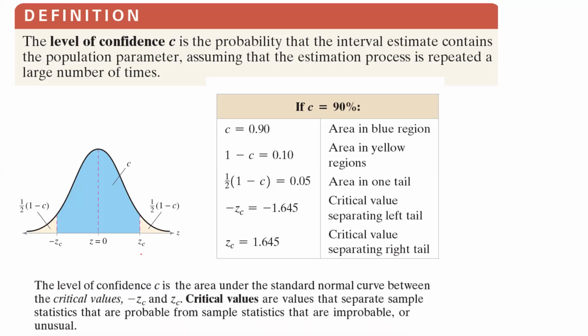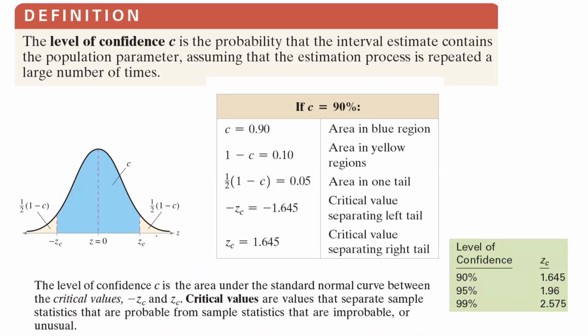The level of confidence C is the area under the standard normal curve between the critical values, negative ZC and positive ZC. Critical values are values that separate sample statistics that are probable from sample statistics that are improbable or unusual, referring to these two little areas that have unusual values.